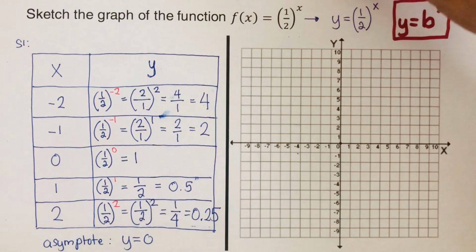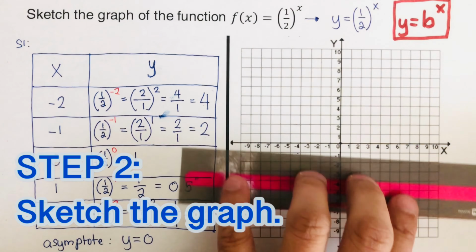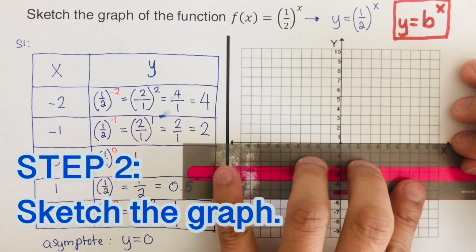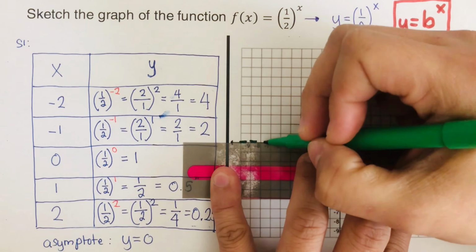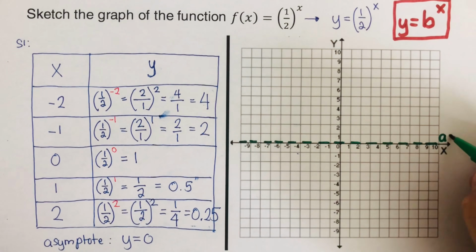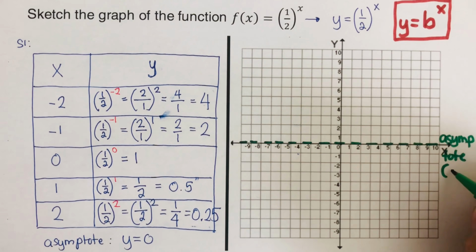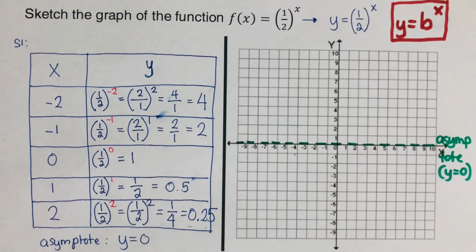So we go ahead and move on to step 2, which is to sketch the graph. Okay, so I've drawn the asymptote. Now we're ready to sketch the graph.